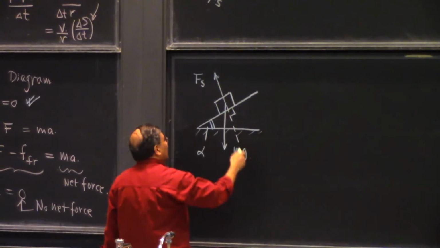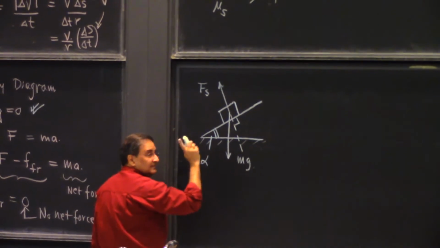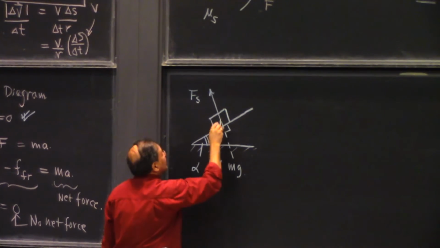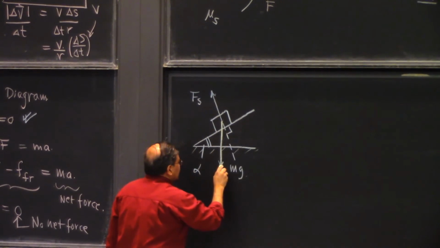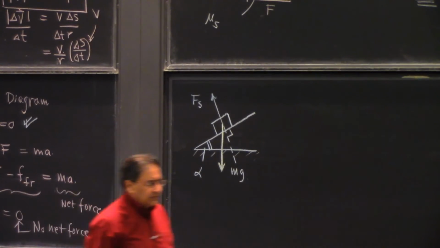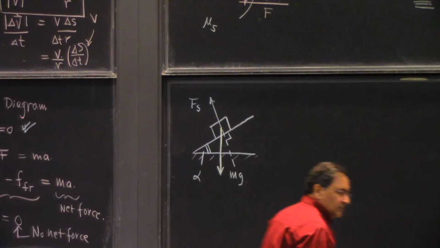So the blue line is perpendicular to the incline, but at the same time, my mg line, let me call it the green line. Unfortunately, I don't have a fancy chalk today, which can make it look very different. All the colors are pretty boring colors for some reason.